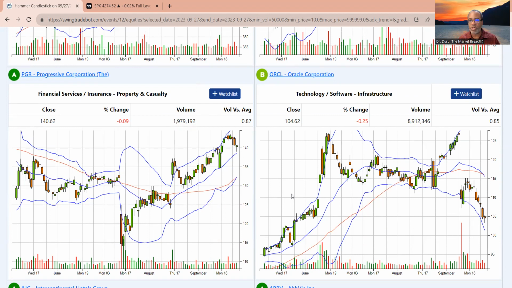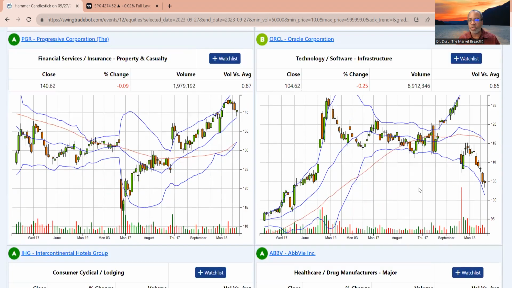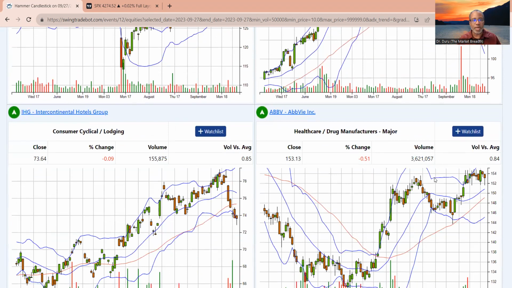PGR, Financial Services, no. Oracle, I'm in this one for a long term. Boy, did it fool me. Look at this dangerous looking potential double top. And the earnings, we went from one great earnings report to an awful one. And now the selling has continued. So I think Oracle is topped out for now. I'm just going to have to stay patient for a good while.